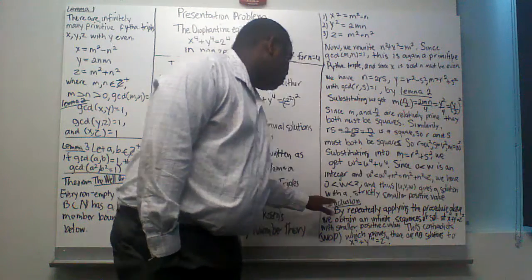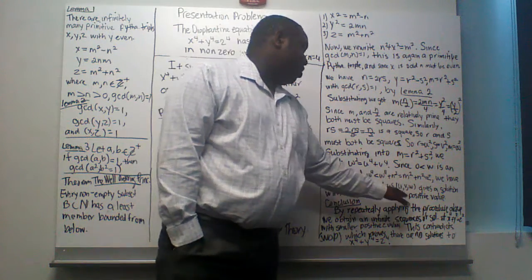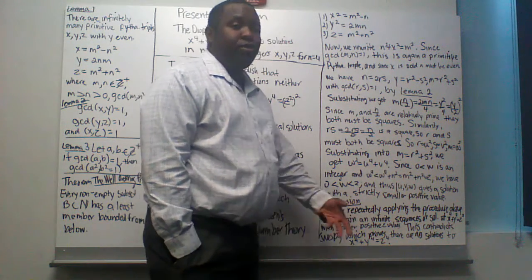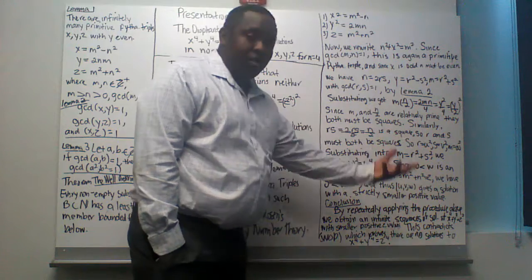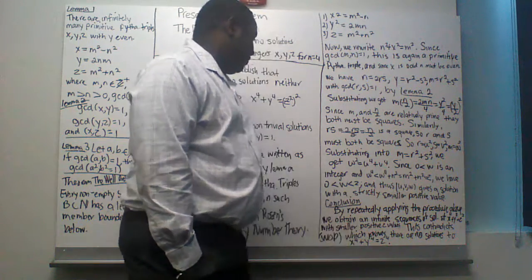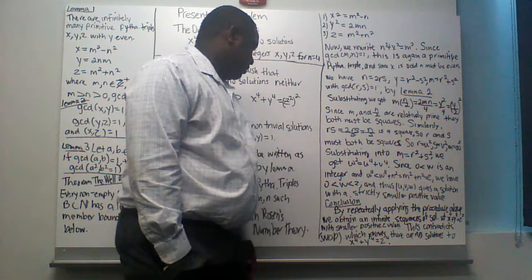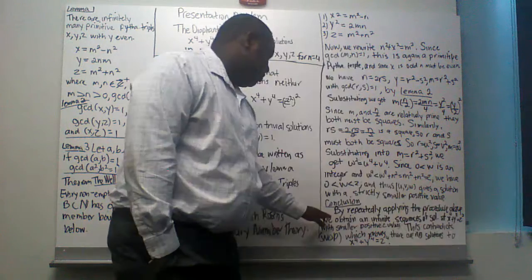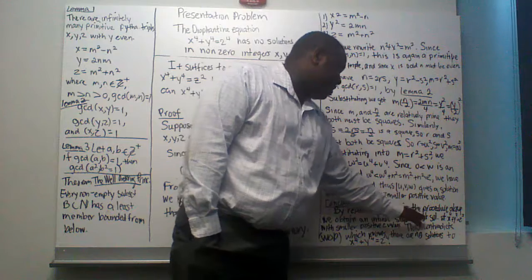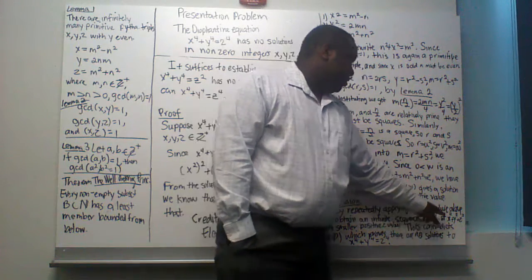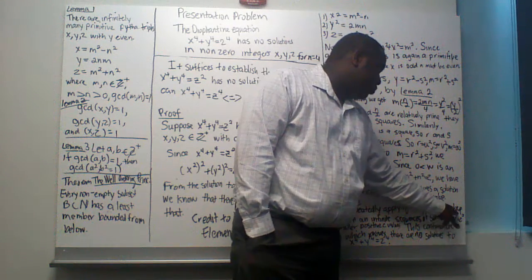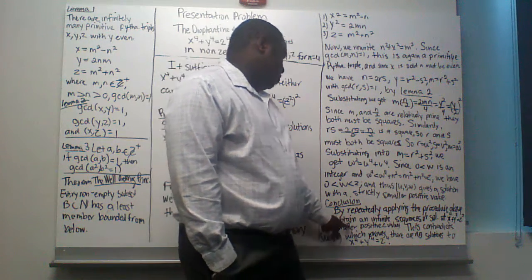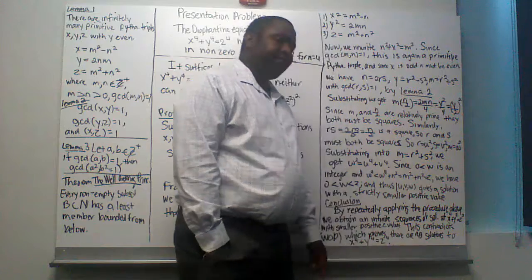u, v, w gives a solution with a strictly smaller positive value. So you can make more substitutions, and you will see that you will get a smaller z value. You'll keep getting a smaller z value. So conclusion, by repeatedly applying the above, we obtain an infinite sequence of solutions of the equation x to the fourth plus y to the fourth is equal to z squared with smaller positive z values.